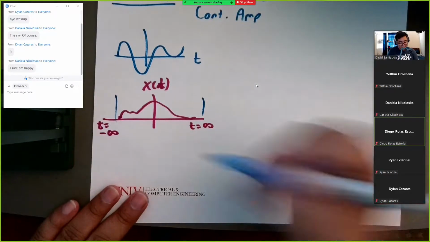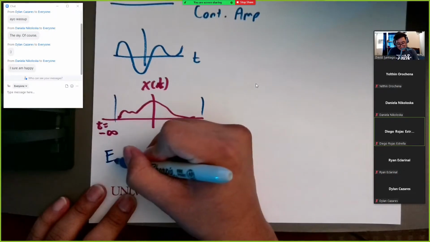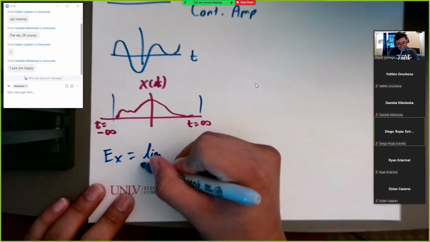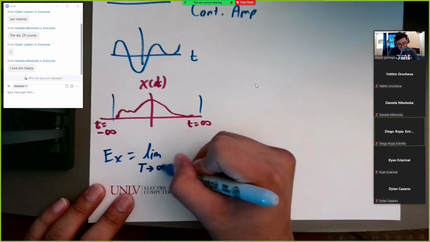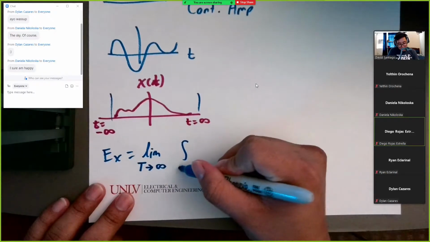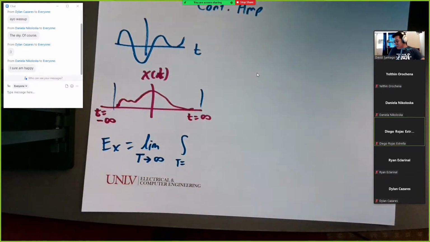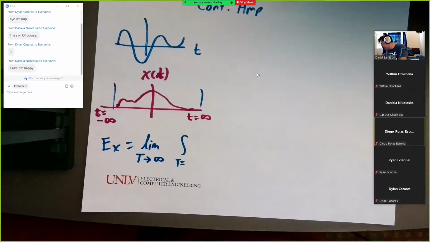So in English, the energy of a signal is basically the limit as big T goes to infinity, let me remember the full definition. Let's see, don't want to screw this up. Analog energy. There we go. Oh yeah, I was right.